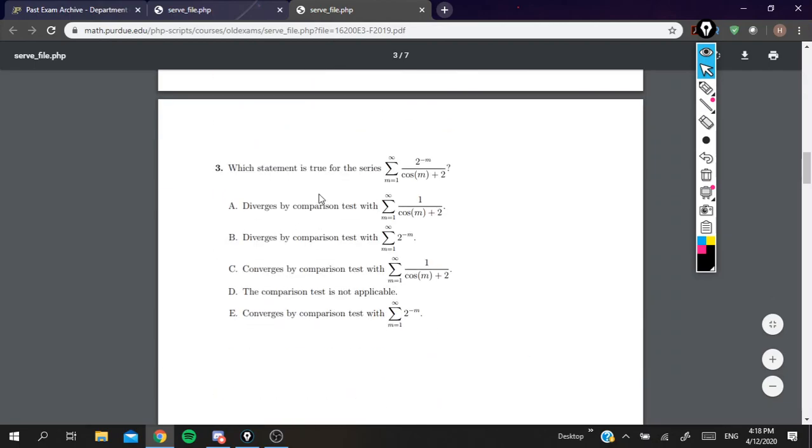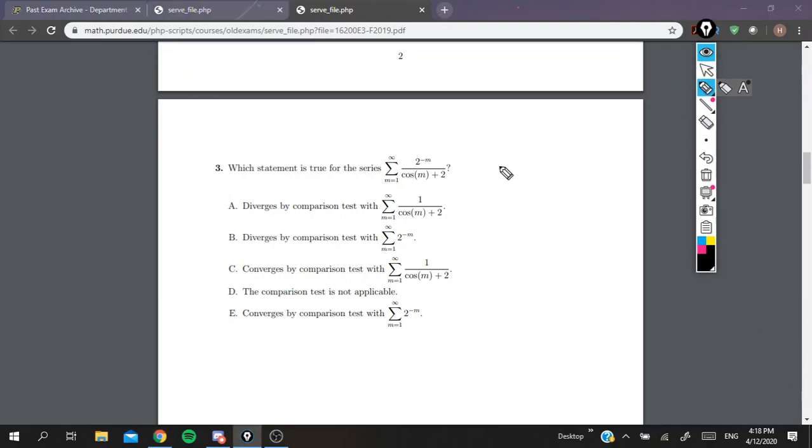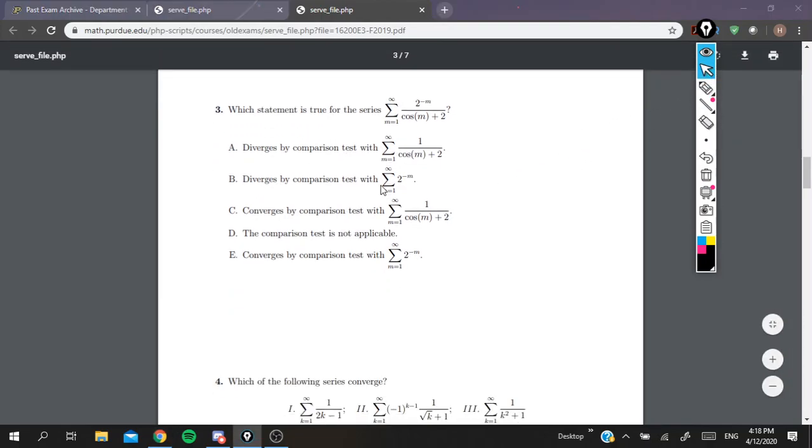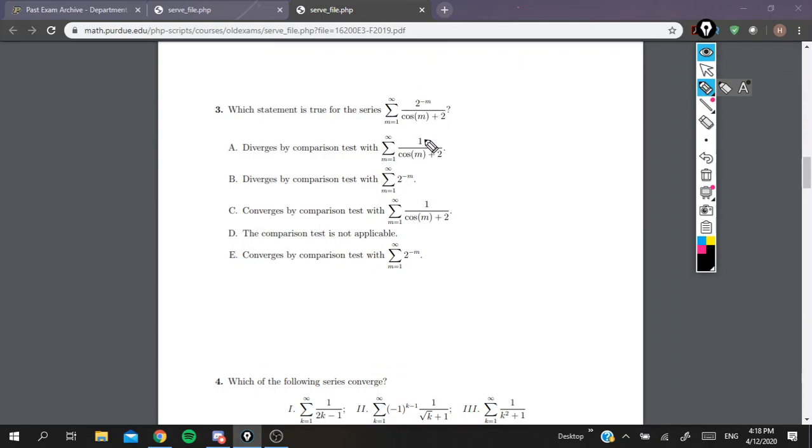Then we get to this. This fraction here might be a little messy at first, but we can do comparison as all the options are basically comparison, except for that one. So we can first see whether these two series converge or not.